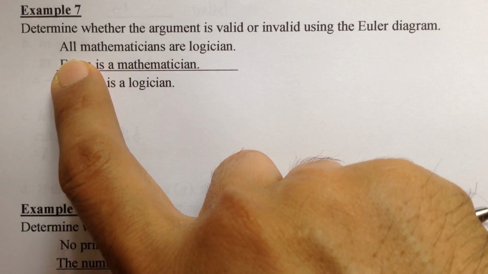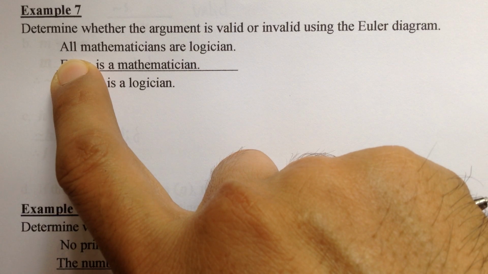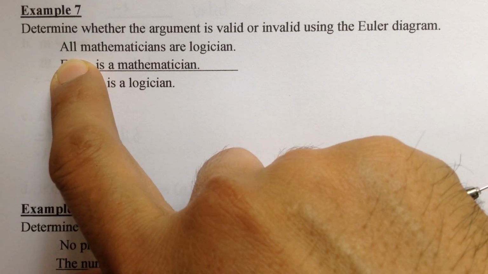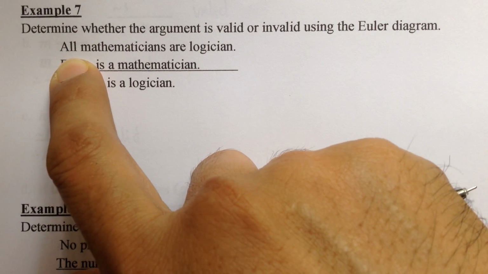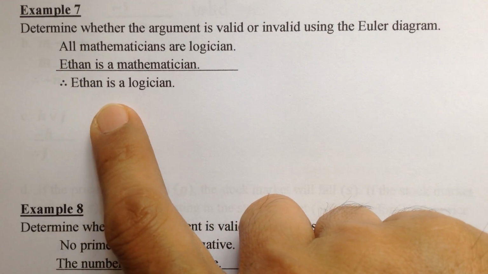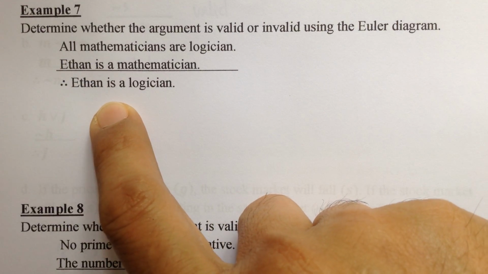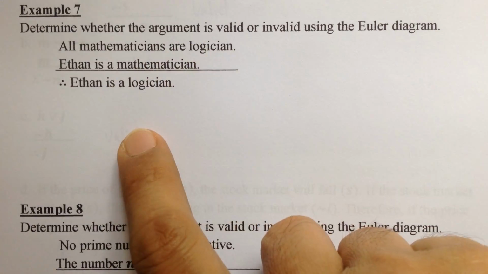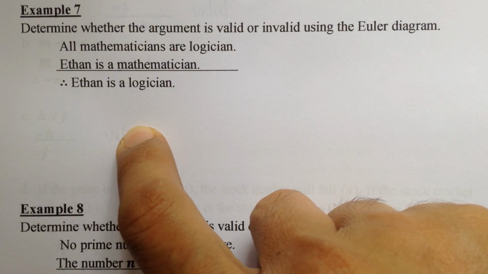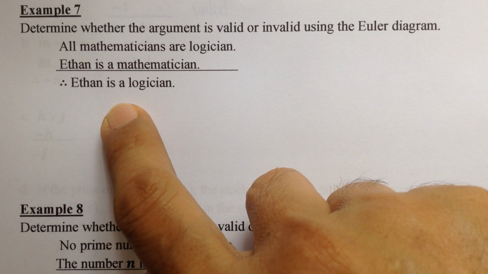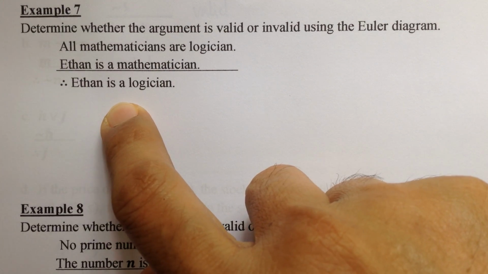Quantifiers are those phrases that normally appear in the statement, like all, every, none, no. Those are what we call universal quantifiers. Then there's another type of quantifier called existential.